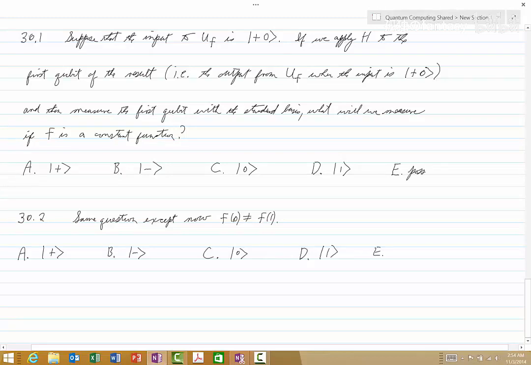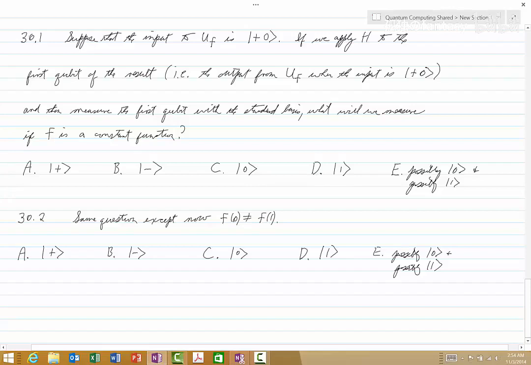Possibly 0 and possibly 1. And same here, possibly 0 and possibly 1. But in all the other cases, it's definite.